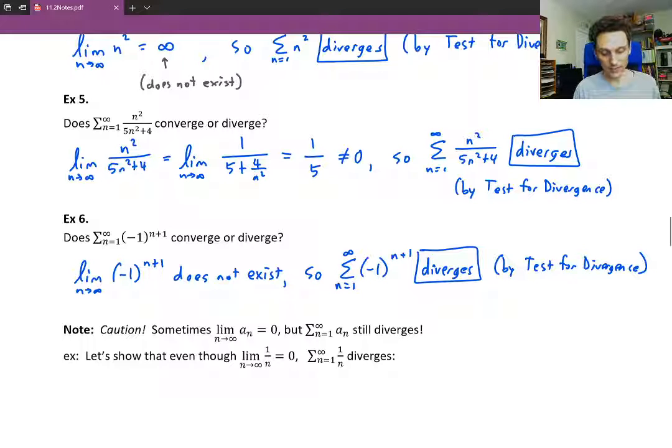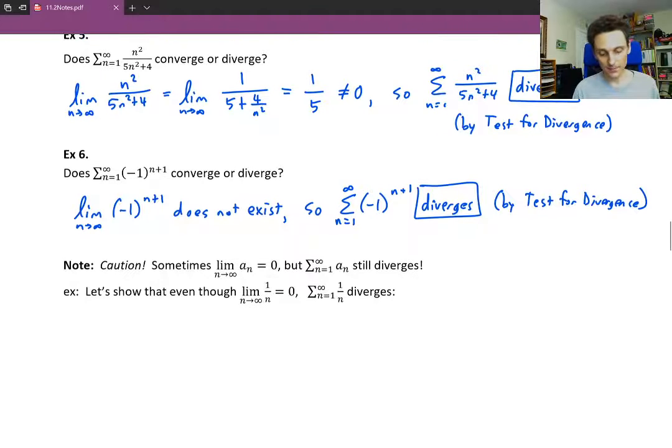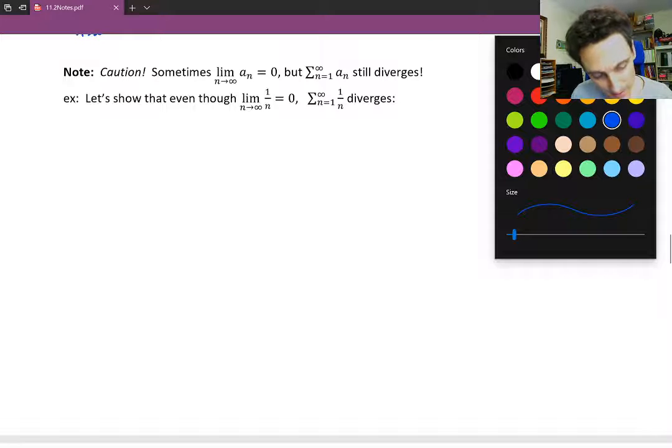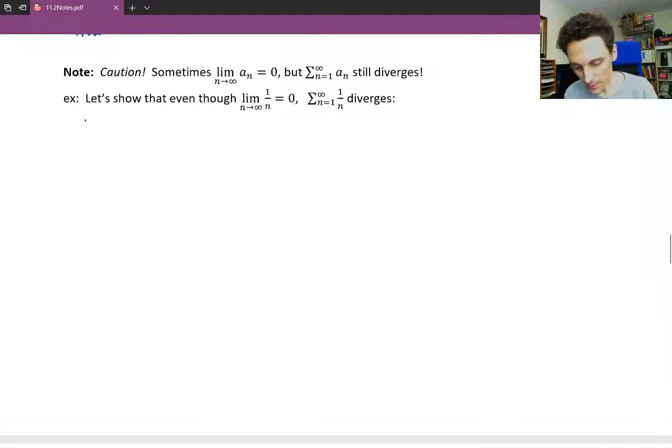1 over n. If you take the limit as n approaches infinity of 1 over n, that equals 0. But the series 1 over n diverges. If you add up all those terms, it diverges. Let's show that. The way we're going to show that is by looking at the partial sums.